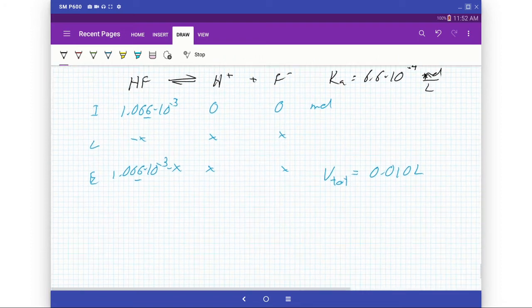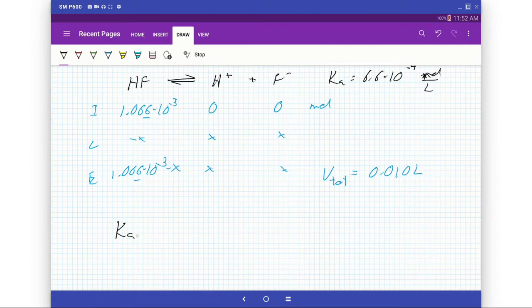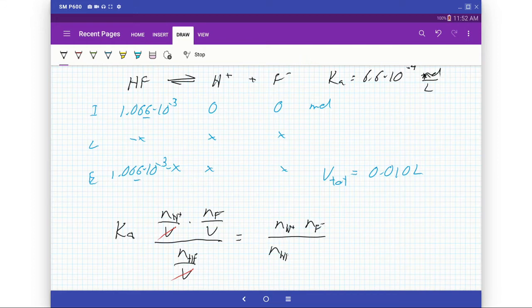Our Ka expression requires concentration, and concentration would be taking the number of moles and dividing by the volume, which is what we've got going on here. And because all of the volumes are the same, this equation simplifies to be that.